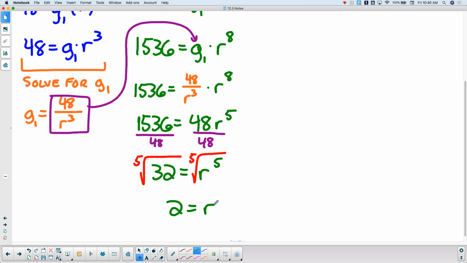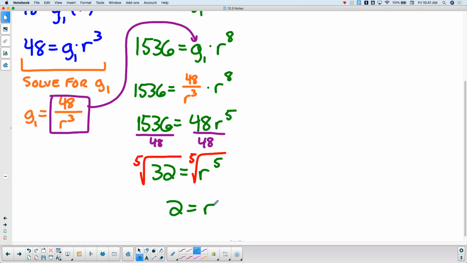By now you should know that 32 is 2 to the fifth, but there is a way to do it in your calculator. 5, second, caret, your exponent key, 32, equals. Yep.